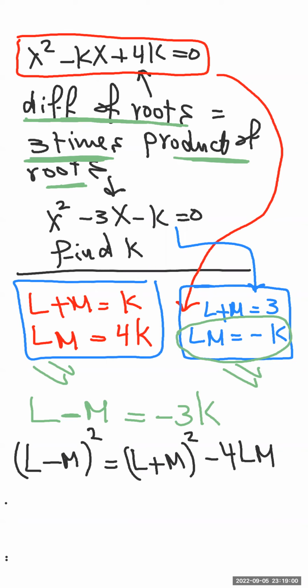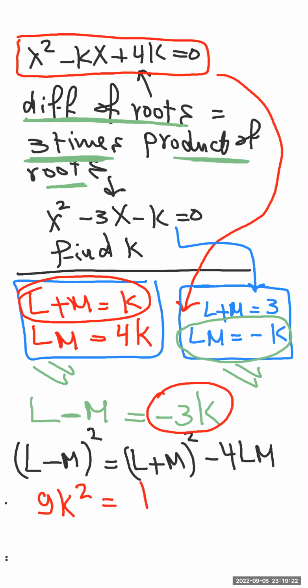So now (L minus M) to the power 2 means this one to the power 2, 9k squared, equals (L plus M) to the power 2, which is k squared, minus 4LM. 4 times 4k, 16k. Now it becomes like a quadratic equation.